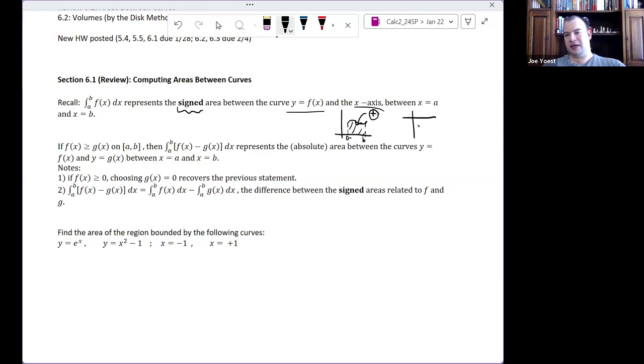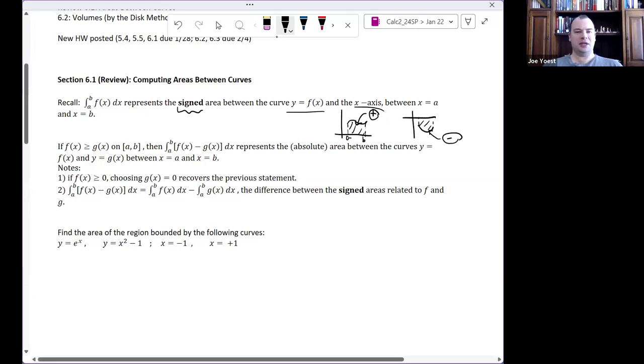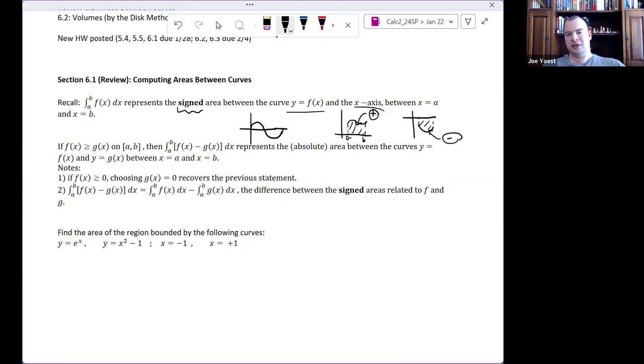But note that if I had an area below the x-axis, that gets a negative sign. Or if I have a curve that crosses the axis, we have a positive area here, a negative area here.